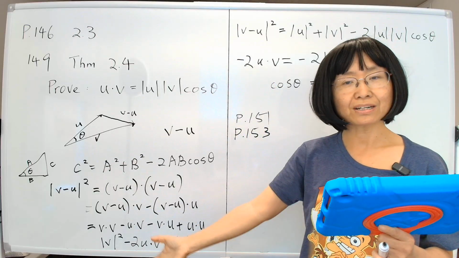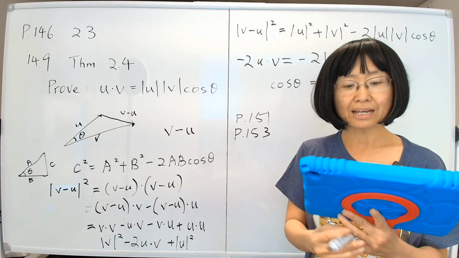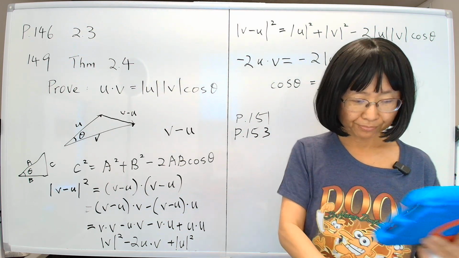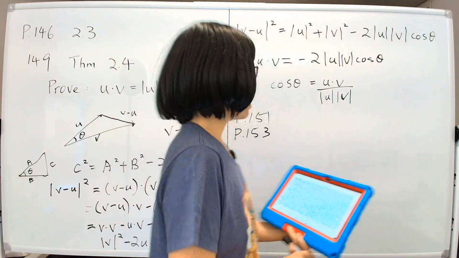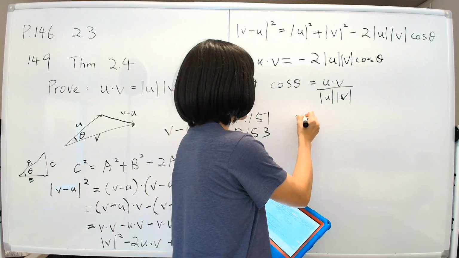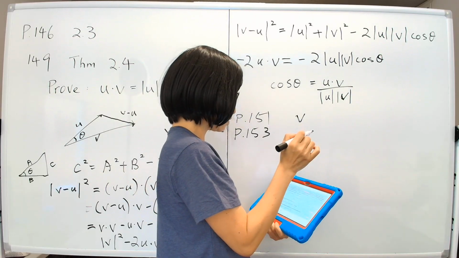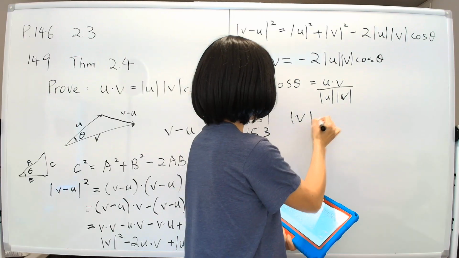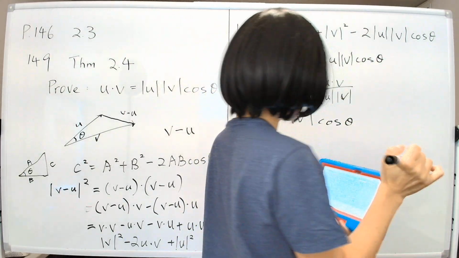You need to figure out what is going in the direction with the angle theta. So if you need to know how long a vector is in a certain projection of some other vector, then the projection is equal to V times cosine theta, and that's coming from this equation.